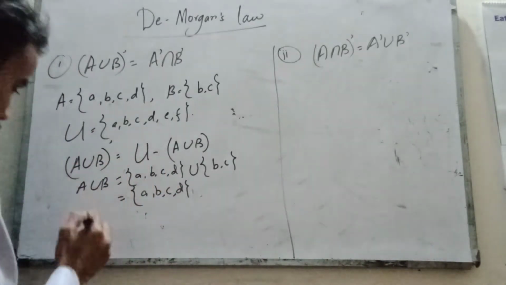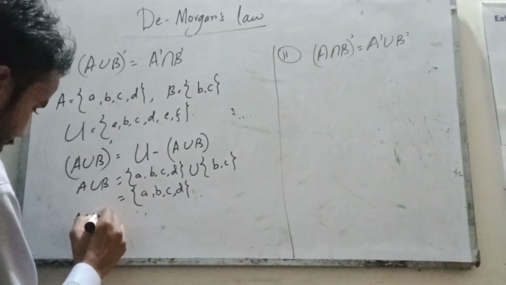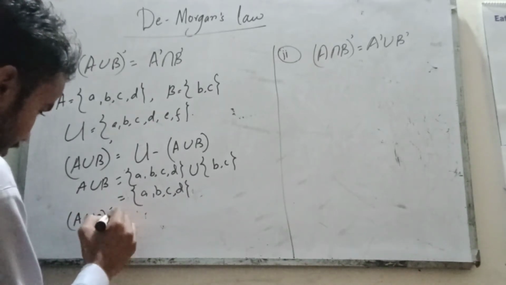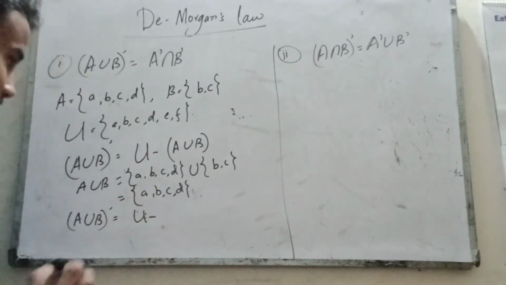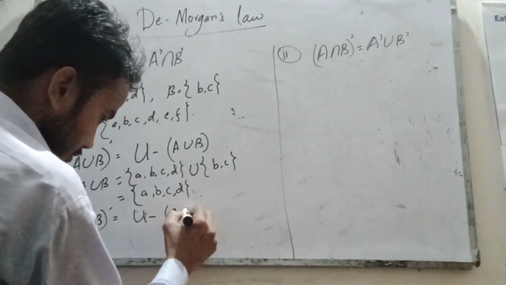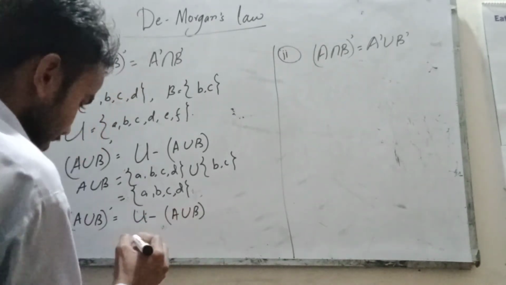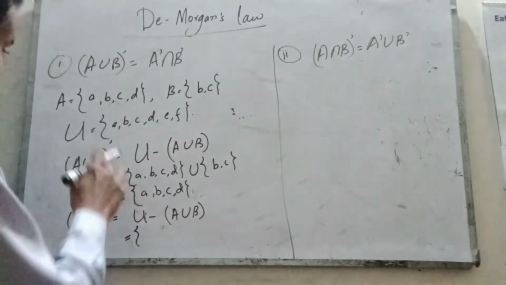Now (A union B) complement is equal to the universal set minus the union of these two sets. So what is the universal set?